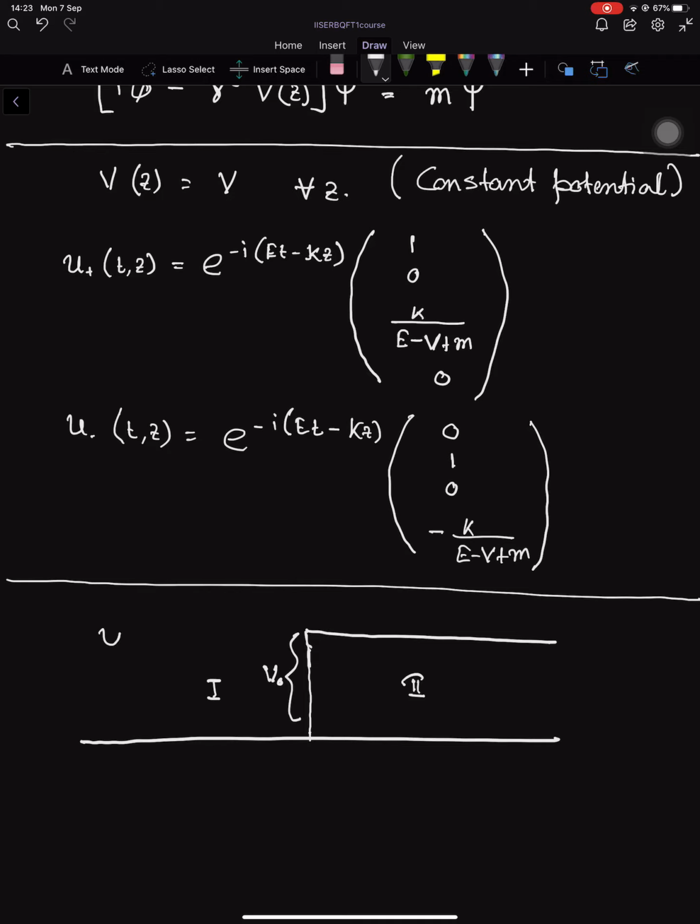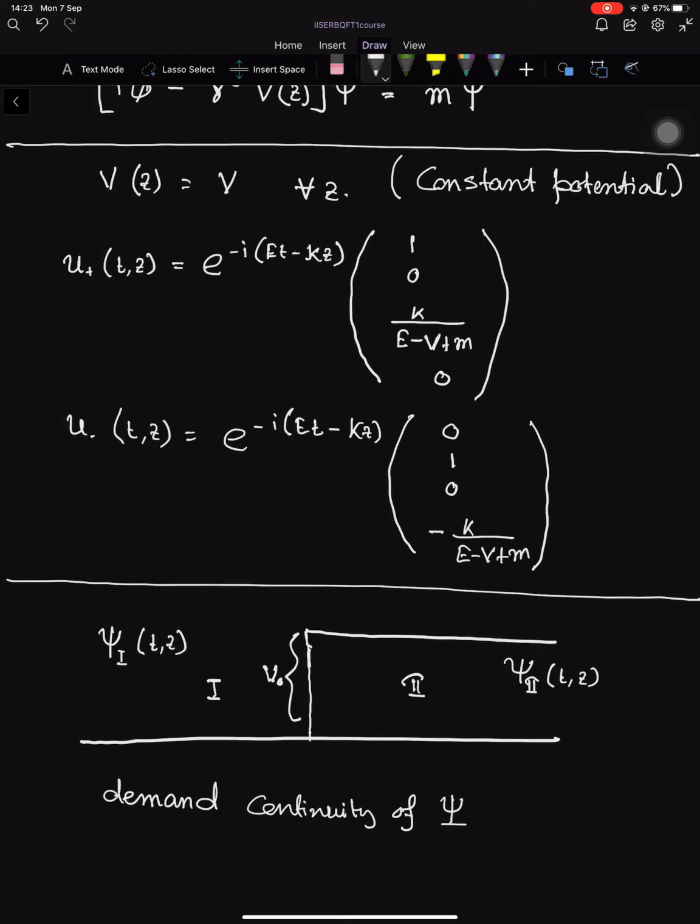The strategy is again the same. We will write down the wave function in region 1 and the wave function in region 2, and we just demand continuity of psi.